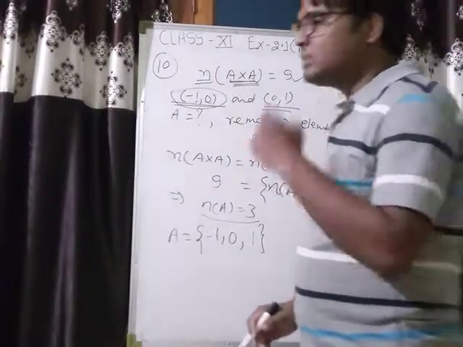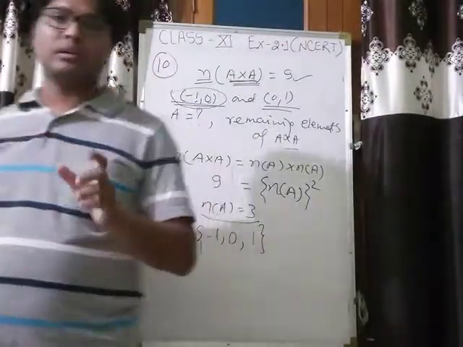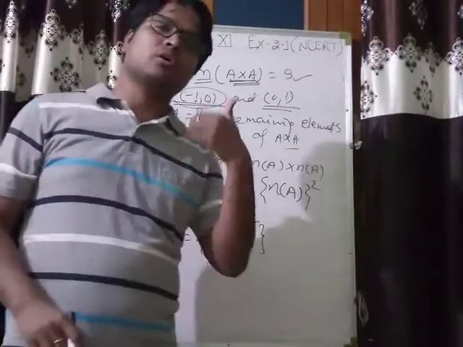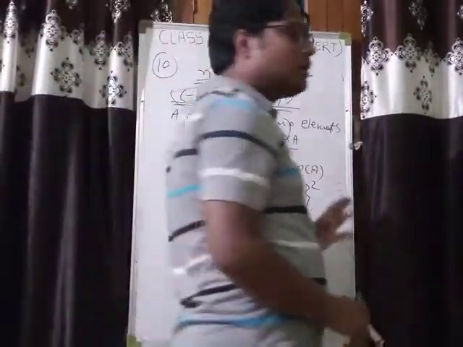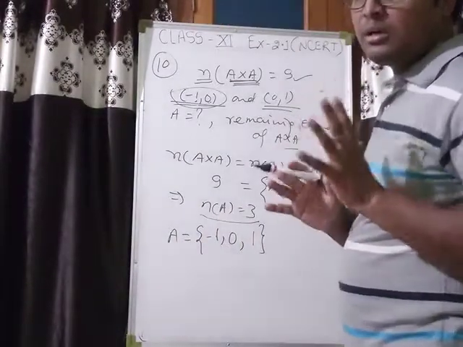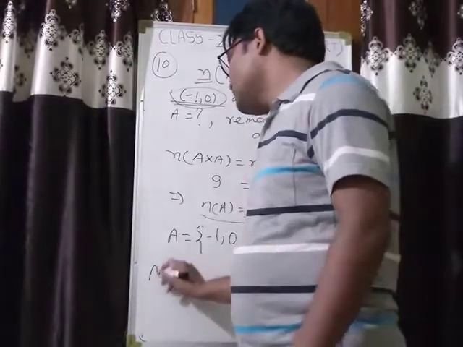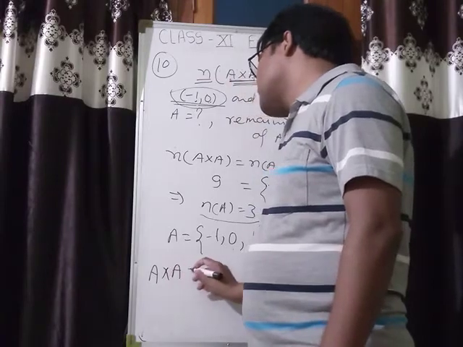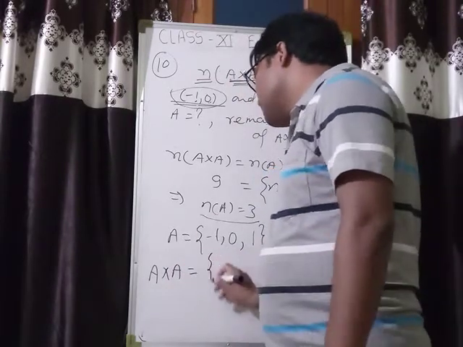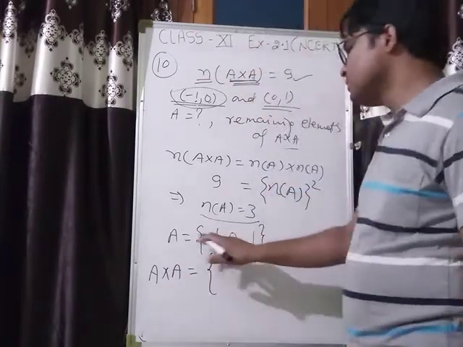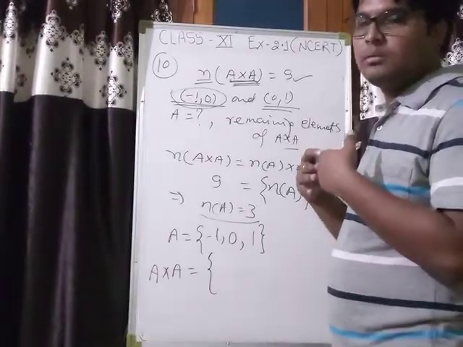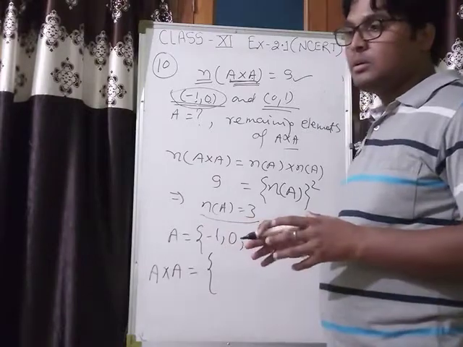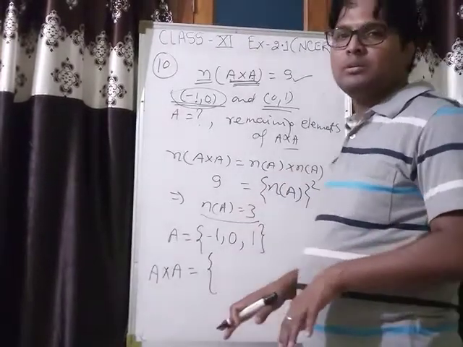Now, the question asks for the remaining elements of A cross A. 2 are given, so the remaining 7 elements are there. I am going to find out all elements of A cross A. This one is A. Each element of this one makes an ordered pair with each element of the same set.